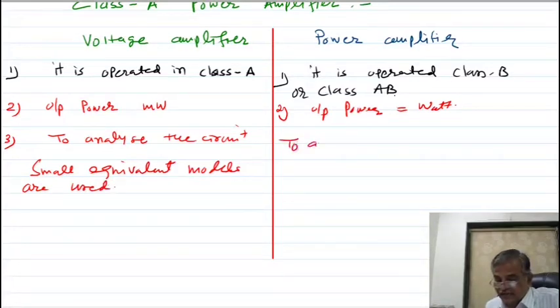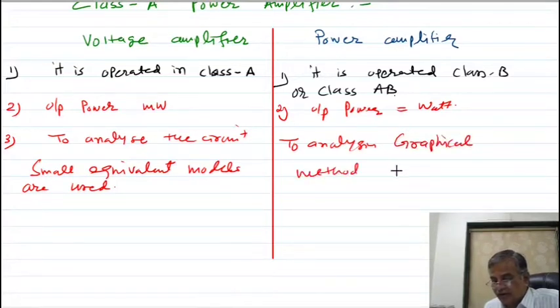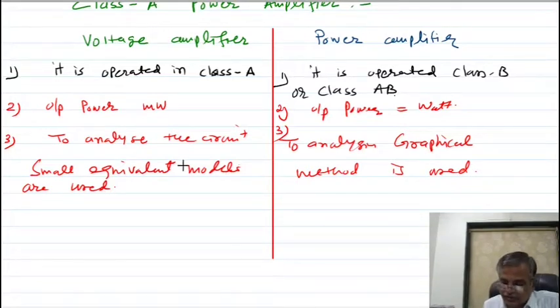Here, to analyze the circuit, the graphical method is used for the power amplifier. So listen again. To analyze the voltage amplifier, small equivalent circuit models are used. Here, to analyze, the graphical method is used.